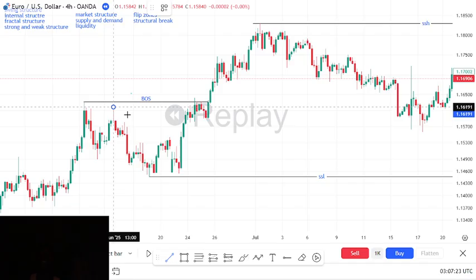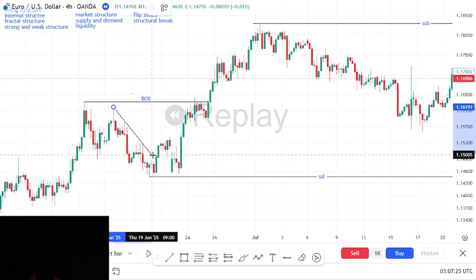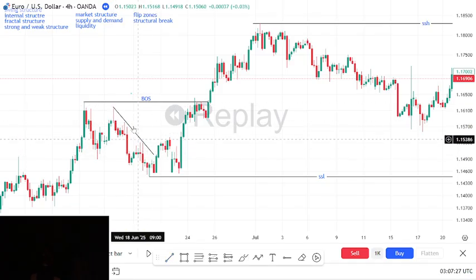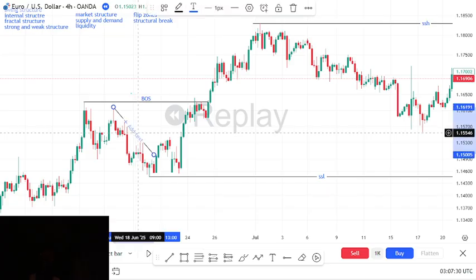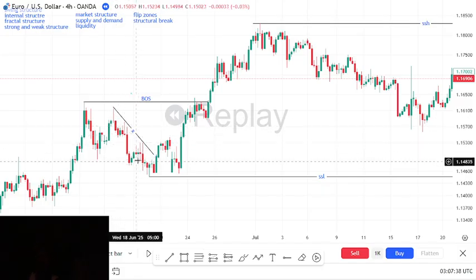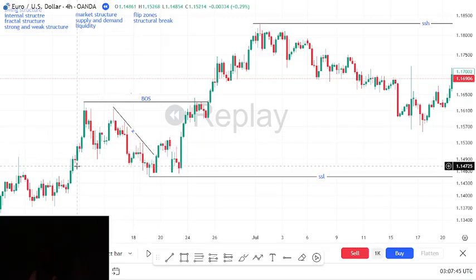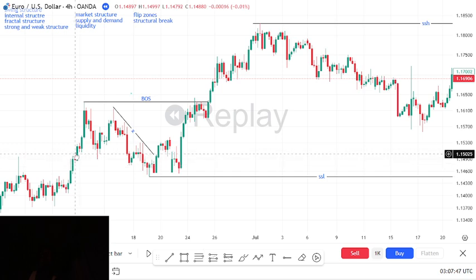So looking at this structure here, you could have seen that liquidity was left here. You have massive buy side liquidity when price was pulling back. So this one broke the structure.